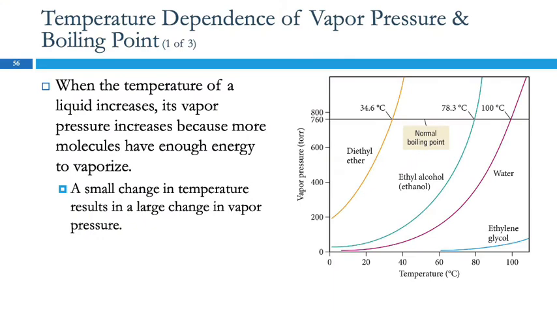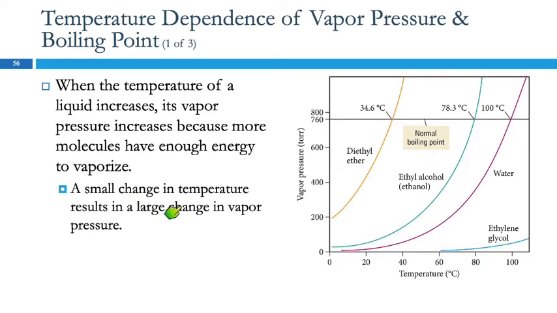The rate of evaporation depends on temperature, and so the vapor pressure will also depend on temperature. So as we increase, here we've got water with this red line. As we increase the temperature, the vapor pressure of the water increases as well, because the rate of evaporation increases and it doesn't really affect the rate of condensation.